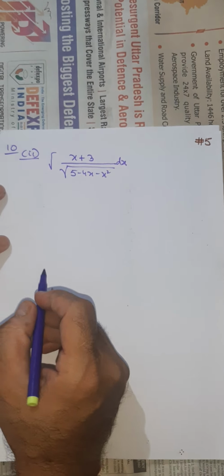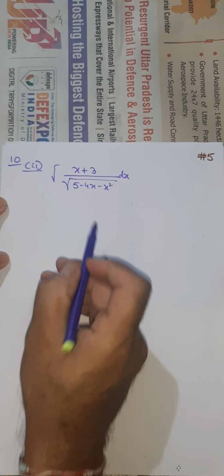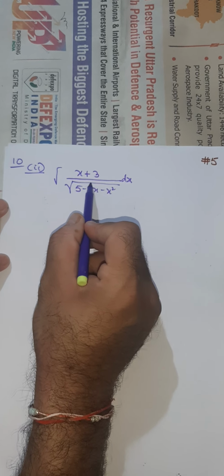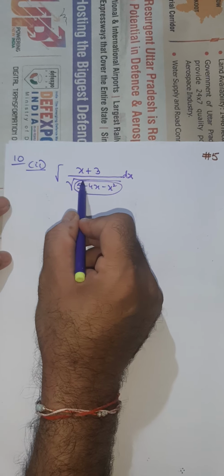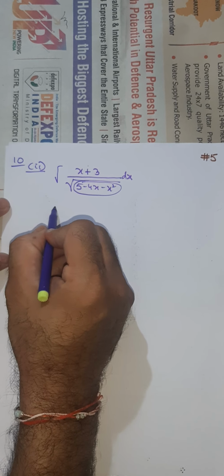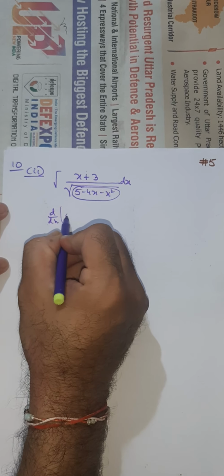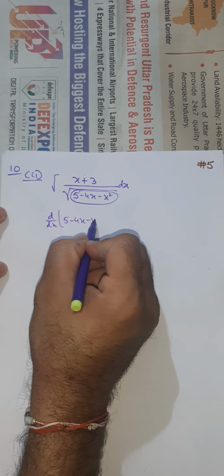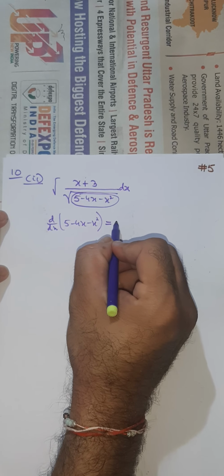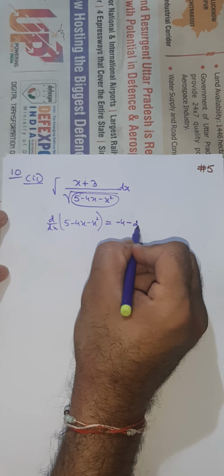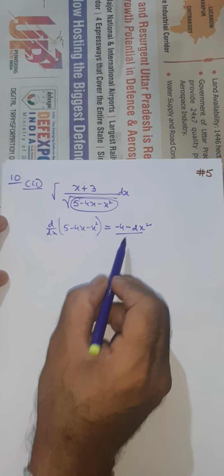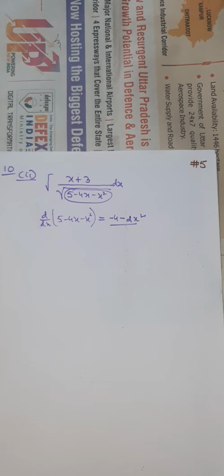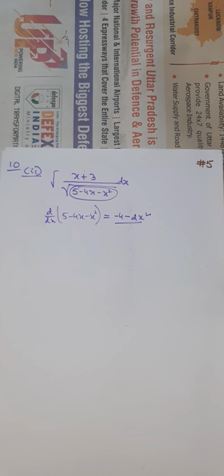So what we do, you know the procedure. We set the derivative of this expression over here. That's the question. So what's the derivative of this quadratic expression? It is nothing but minus 4 minus 2x. So we'll set it over there. That's what you need to do first. There are two steps if you remember.